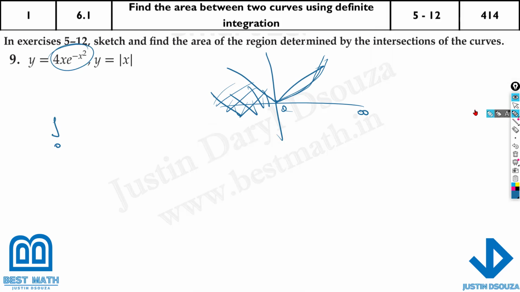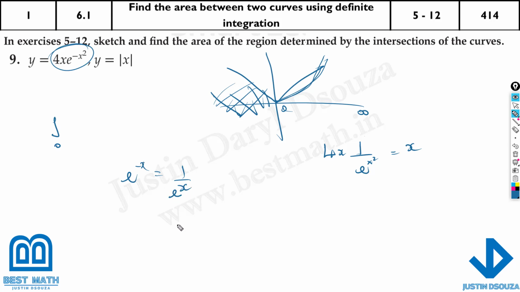You need to solve it manually, because the calculator wouldn't give you the answer. It's 4x. Now, how can you write this in terms of positive power? Because negative power exponents are very complicated. I'll write it as 1 by e power x squared, equal to x. Remember, if it is e to the power minus x, it is 1 by e to the power x.